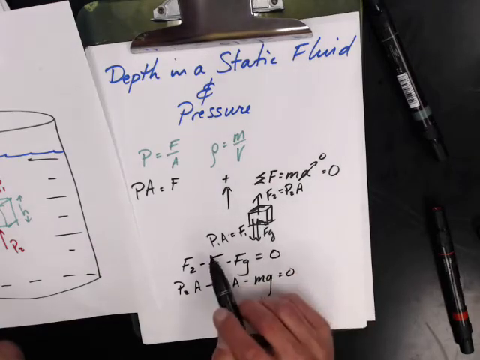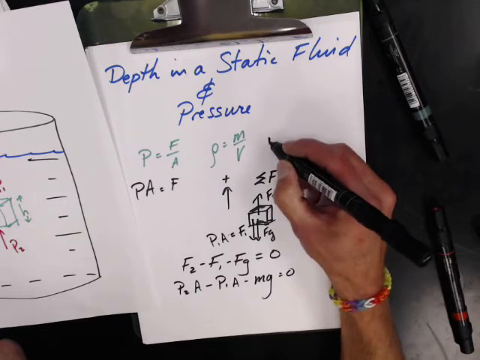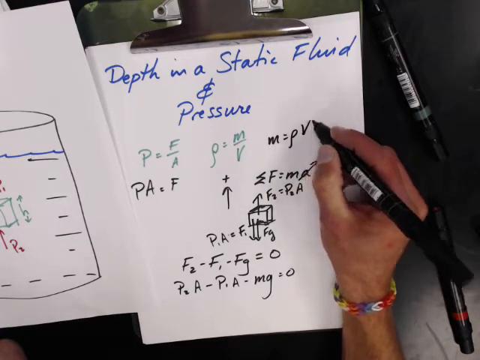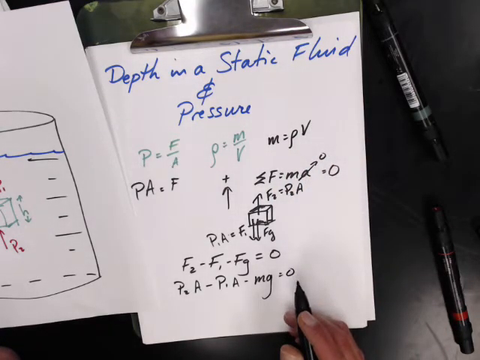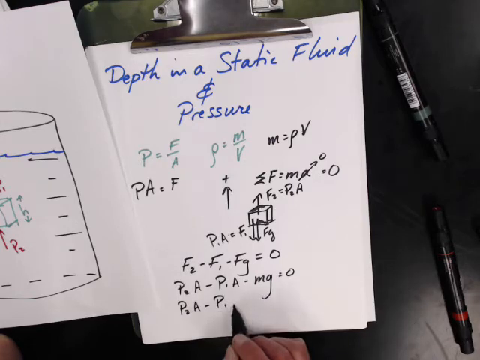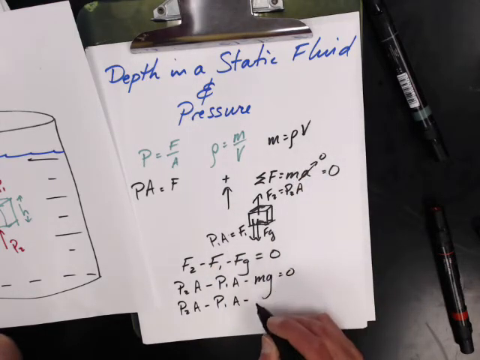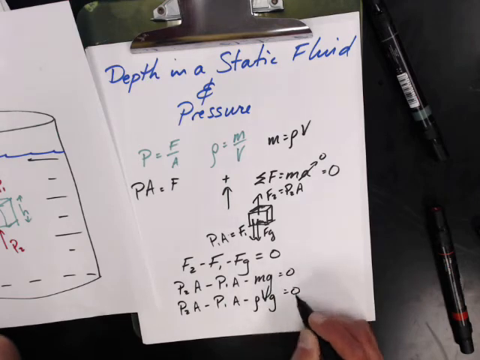What's the mass of my little piece here? Well, I'm not sure, but oh, look: mass is just rho times the volume. So P2A minus P1A minus m, which is rho V, so rho Vg, equals 0.